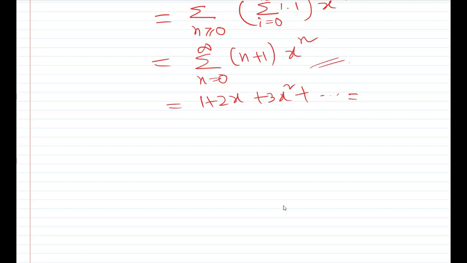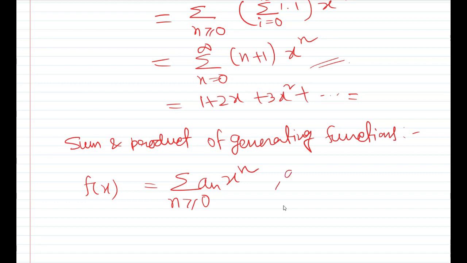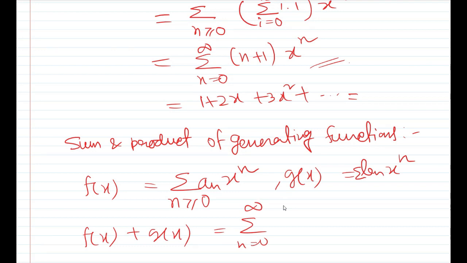Some properties are the sum and product of generating functions. If f(x) is equal to the summation of an x to the power n and g(x) is equal to the summation of bn x to the power n, then f(x) plus g(x) is the summation from n equal to 0 to infinity of (an plus bn) x to the power n.